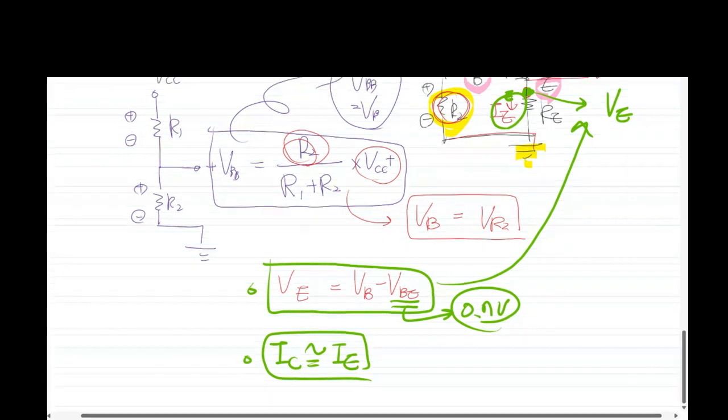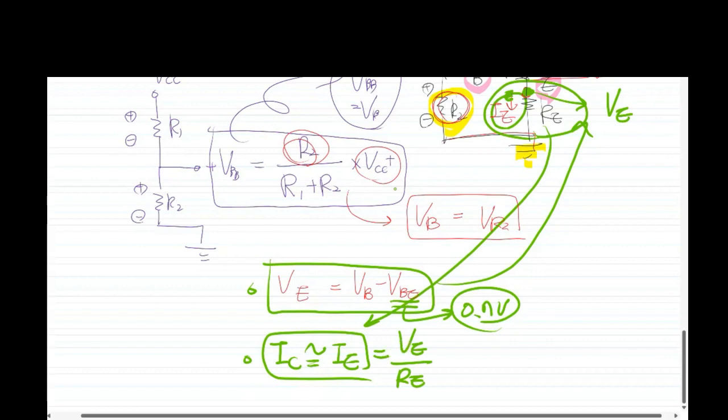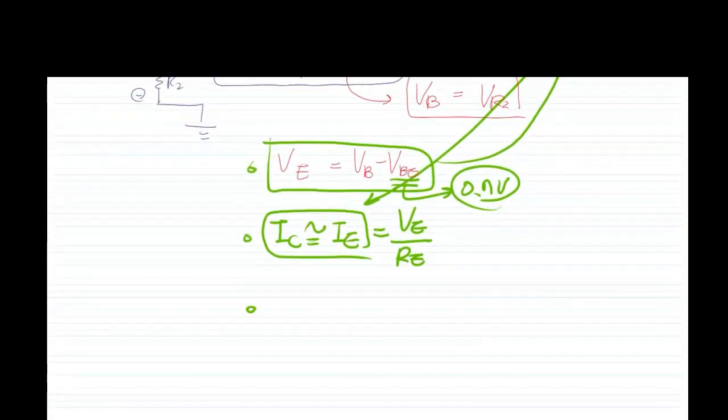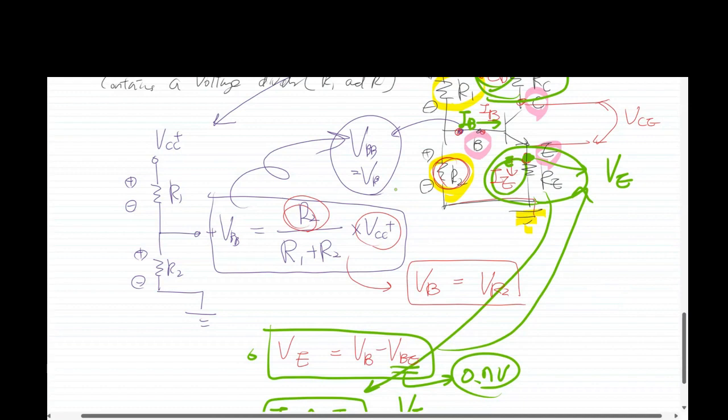And I sub E, same thing as in the previous transistor circuit, the emitter bias: V sub E divided by R sub E. Okay. And then the voltage across R sub C is I sub C times R sub C. And then V sub C is V sub CC minus I sub C times R sub C.